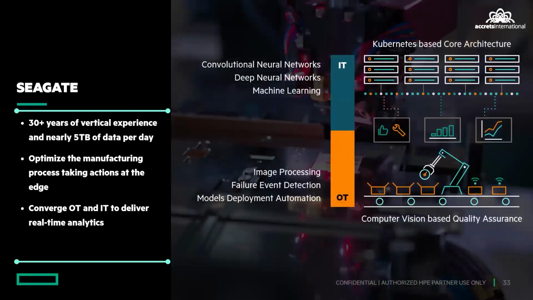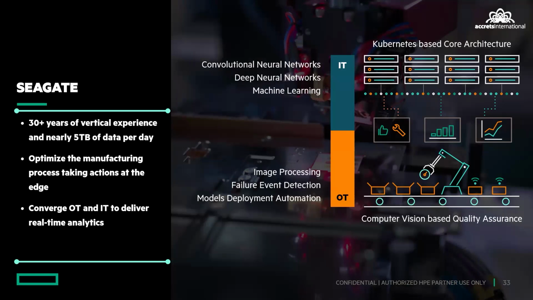So the next slide, they actually approached our HP services team. Then they collaborated with our team as well as our HP lab, and the experts in machine learning. Everything is running on a Kubernetes-based core architecture, as you can see from the screen.